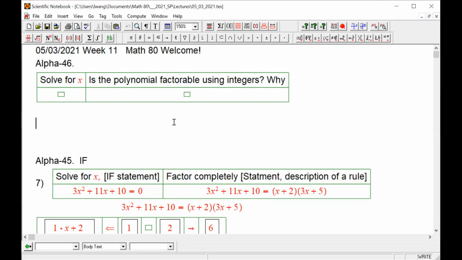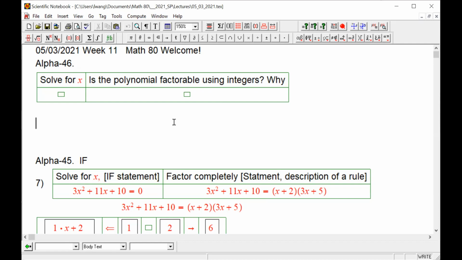So at this point, I think we are going to take a break, and we'll come back to work on alpha 46. And we're going to see why we ask you to use the quadratic formula to solve these equations. Why?